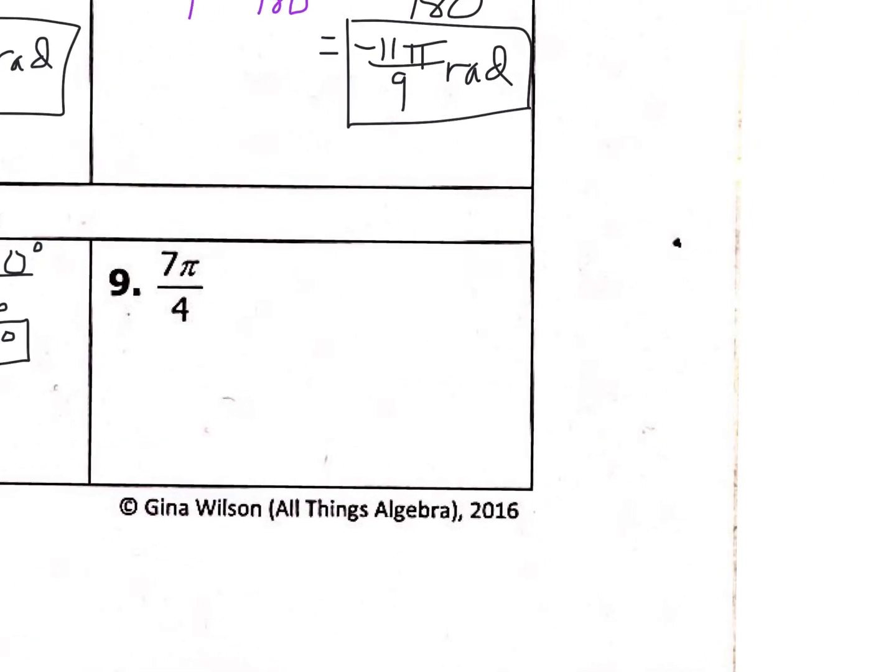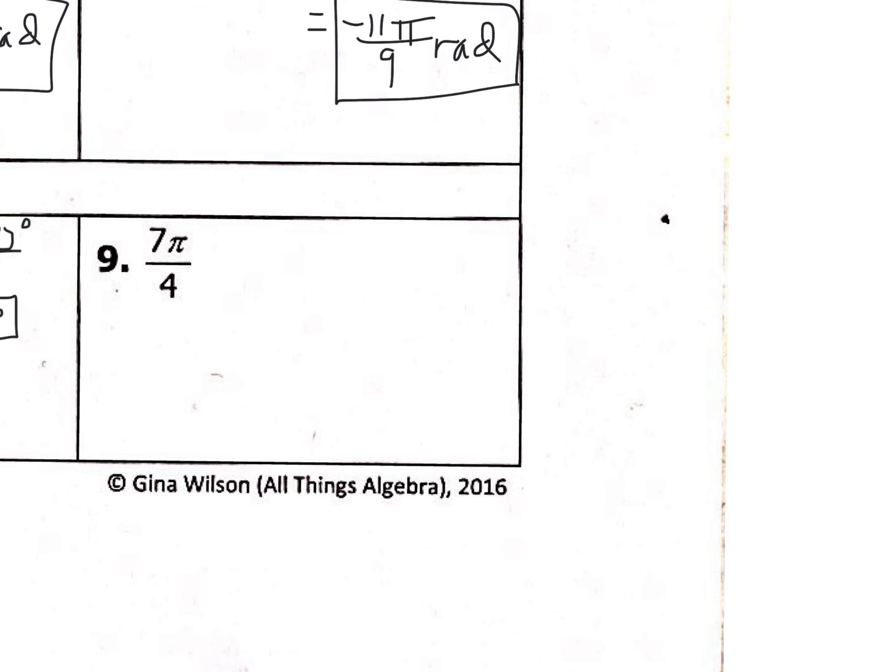And our last problem, number 9, you should have multiplied by 180 degrees divided by pi. Your pi's cancel, and you have that in degrees over 4. And then 1260 divided by 4 is 315 degrees.